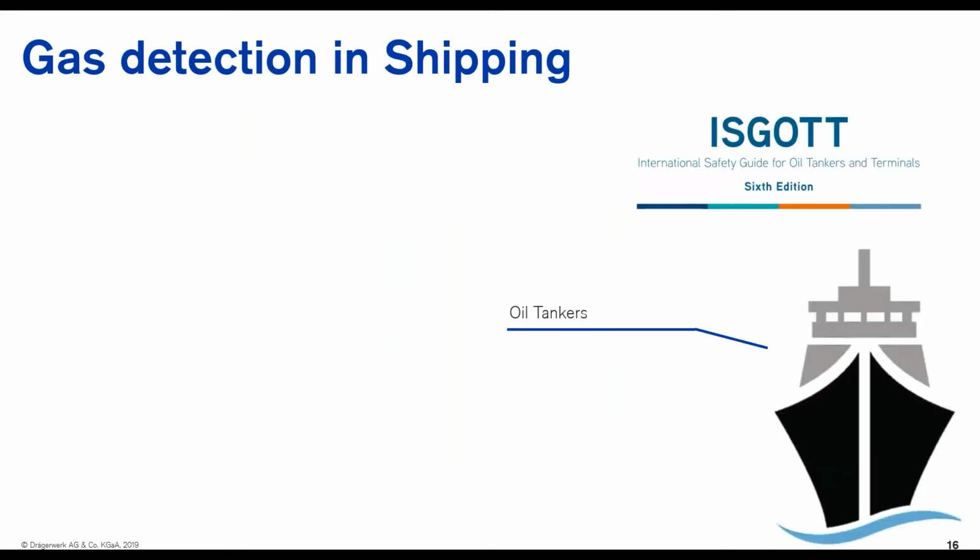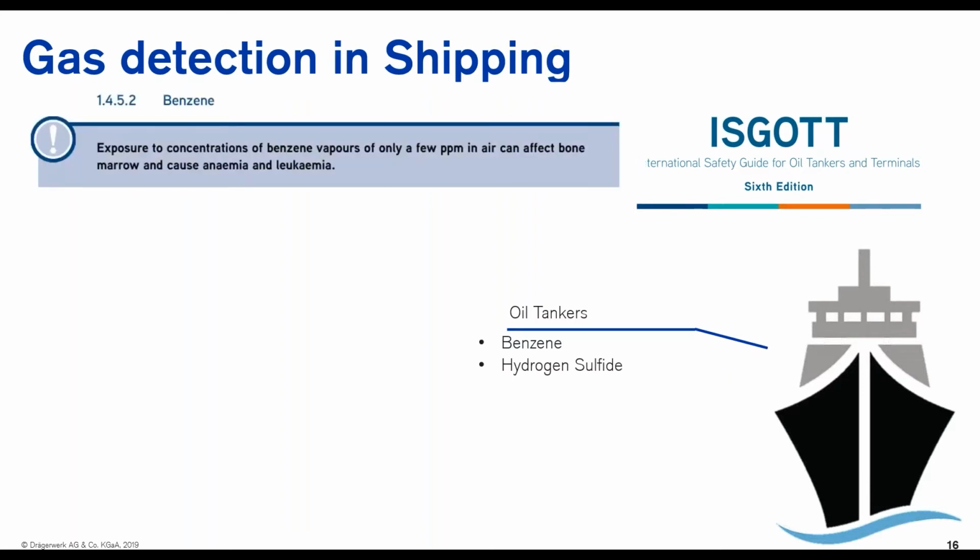So let's look at the first type of vessels. For the first type of vessels, we are taking the references of ISGOTT. For oil tankers, we are looking into two common toxic gases, benzene and hydrogen sulfide. If you look into chapter 1.4, look into benzene.